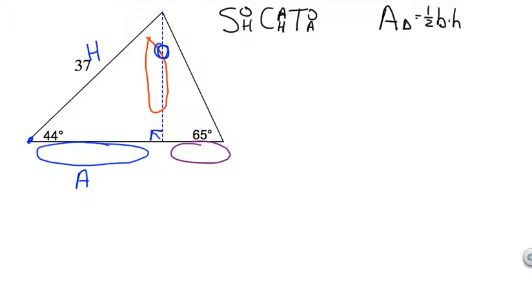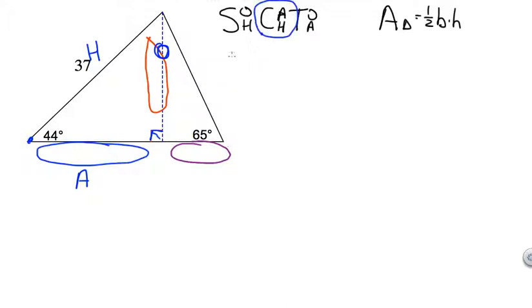And when I look and see what I have, I have information about my hypotenuse, and I'm trying to find my adjacent, but I don't care at this point about the opposite side. So I'm going to use A and H, so I'm going to end up using cosine here.